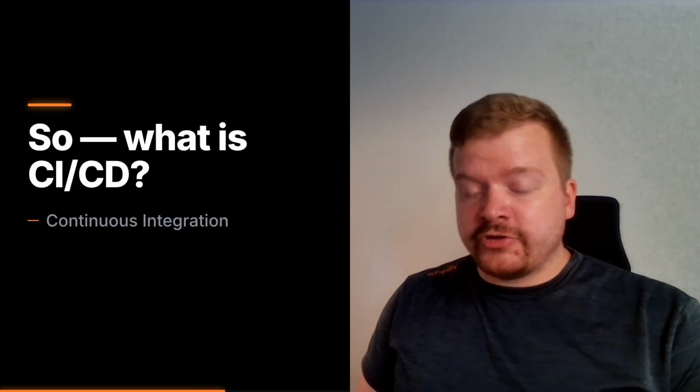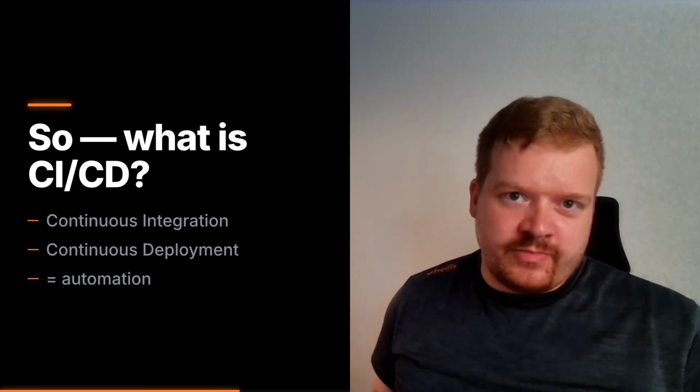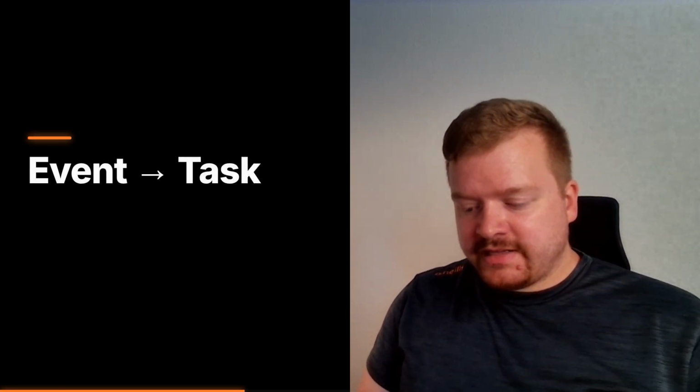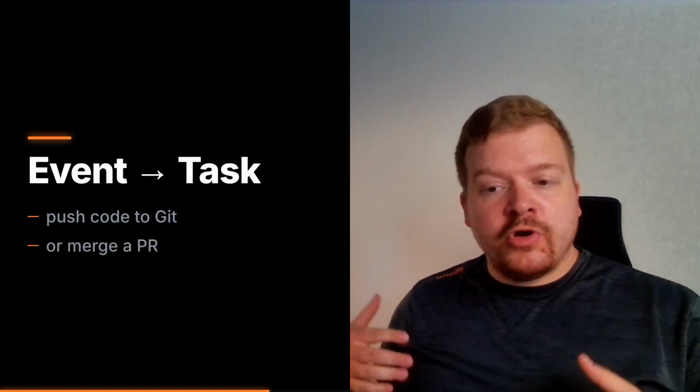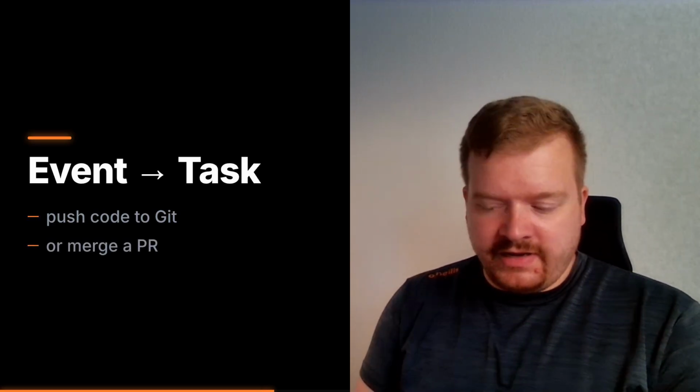Speaking of CI/CD, CI/CD stands for continuous integration and continuous deployment or delivery, and is really simply an automation that triggers a task given an event. The event could be, for example, whenever someone pushes code into a code base on Git or GitHub, or whenever a merge request or pull request is integrated.